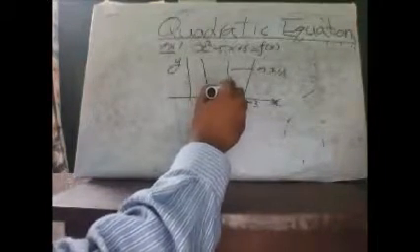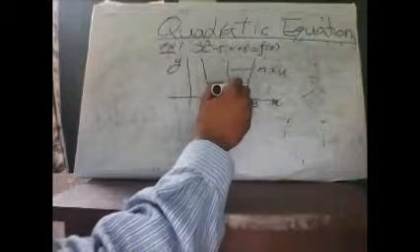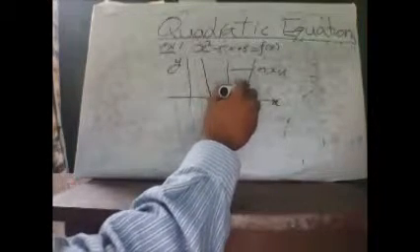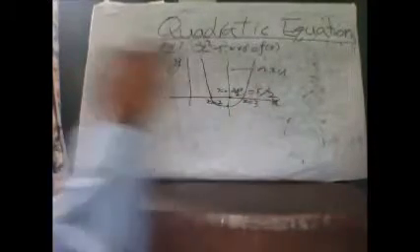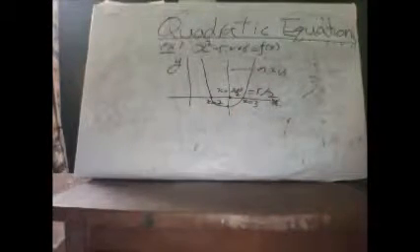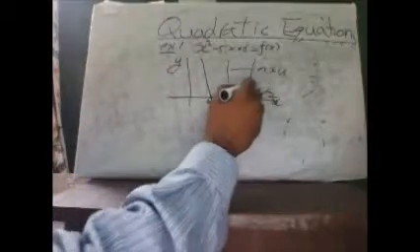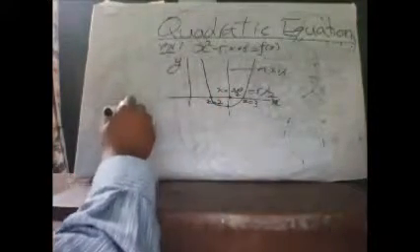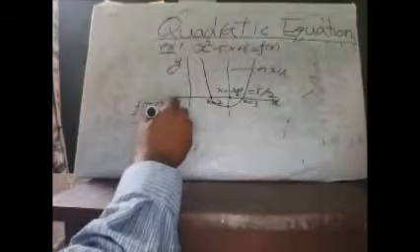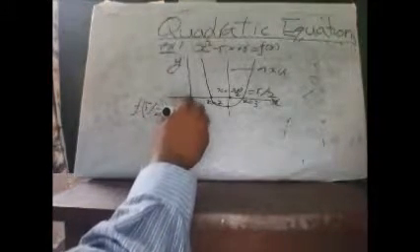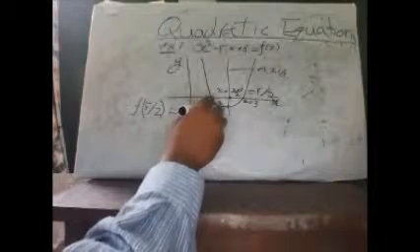So the curve attains its minimum value at x is equal to (3 plus 2) by 2, which is 5 by 2. To get the minimum value of this expression, we would put f(5 by 2).